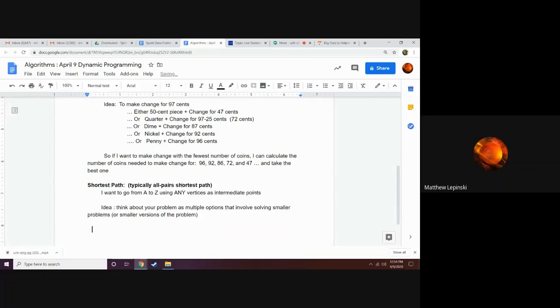So the idea with shortest path is you're interested in going from A to Z using any vertices as intermediate points. In general, go from A to Z using any of, say, B through Y as intermediate.